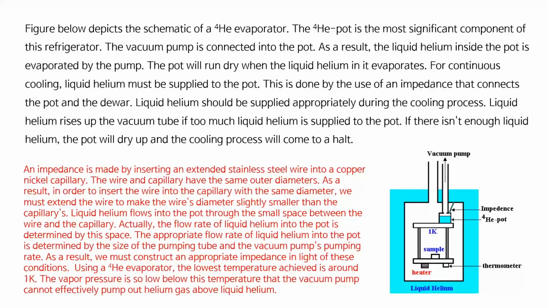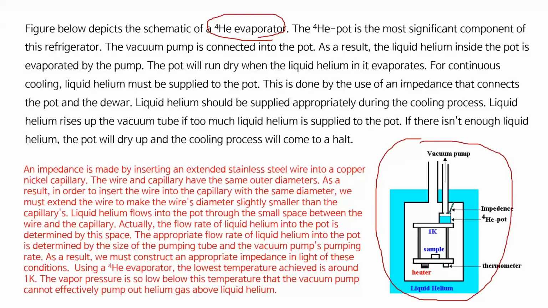The figure below depicts the schematic of the helium-4 evaporator. This one. The helium-4 pot is the most significant component of this refrigerator. The vacuum pump is connected to the pot.